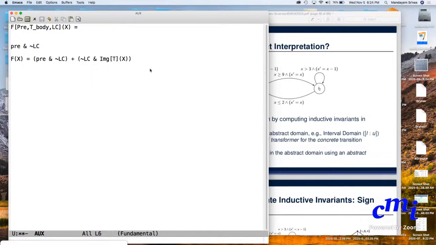I'm sorry, the type is a little bit confusing, isn't it? But here X itself is a predicate. Therefore this is okay, isn't it?